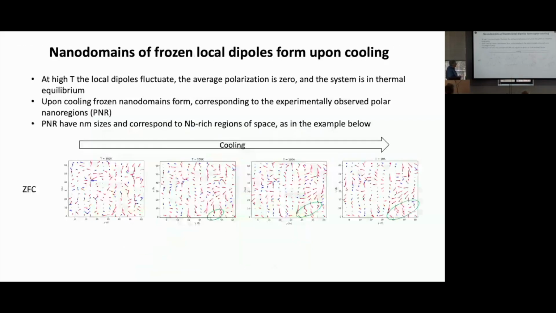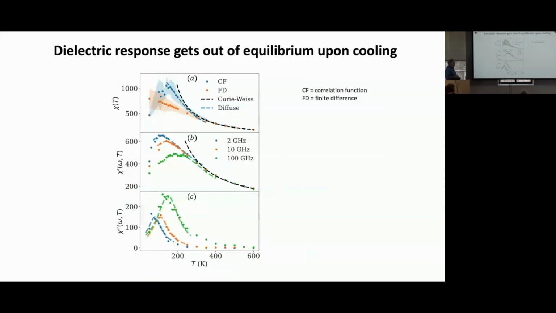Now, this is an example. As we do the cooling, there is the formation of these regions, again obtained from the molecular dynamics simulation. And as I mentioned at the beginning, we can also study the effect of an external applied electric field and get the polarization.